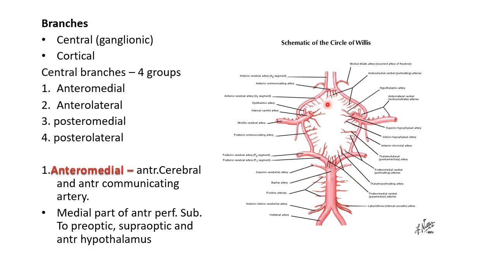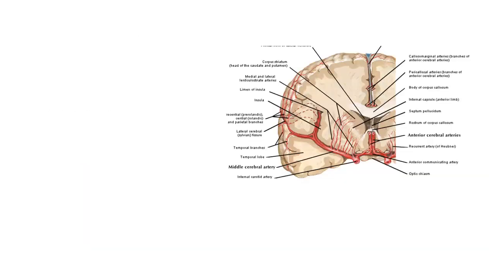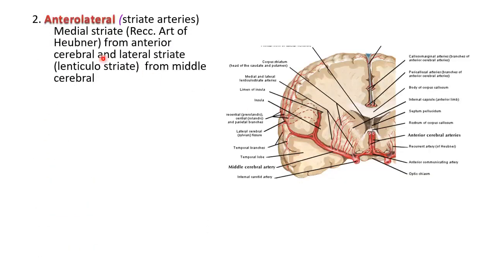In the anteromedial group, one main artery is the recurrent artery of Heubner, which we have discussed in detail. Next, the anterolateral group mainly consists of the striate arteries, the lenticulostriate arteries. You might wonder: you told us the middle cerebral artery is not involved in the circle of Willis.